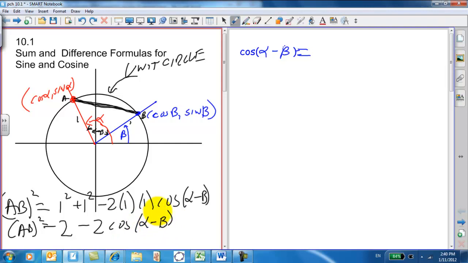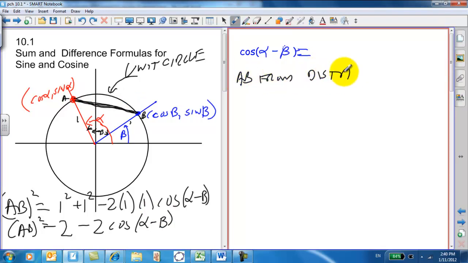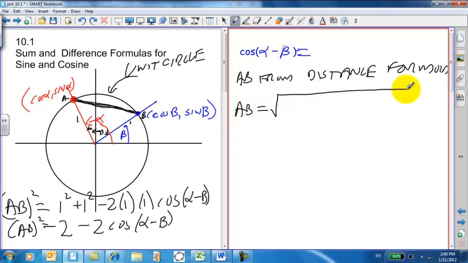Okay, now we can also get AB from the distance formula. Because I have the coordinates of these two points, we can say AB equals the square root of the difference in the x's, that's cosine alpha minus cosine beta squared, plus the difference in the y's, sine alpha minus sine beta squared.